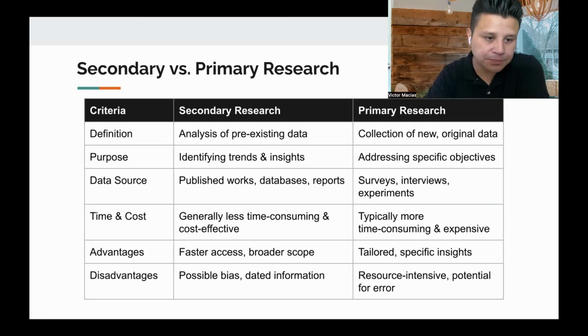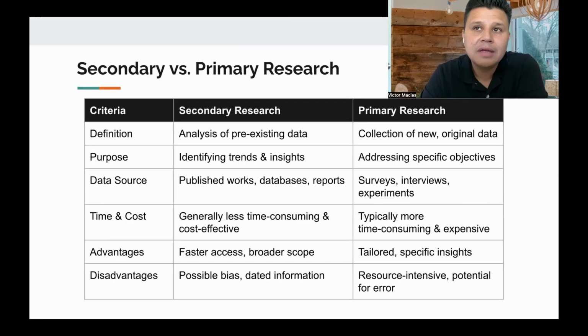So a further breakdown of secondary versus primary research. With secondary, the data exists, right? You can use it to identify trends, insights, get some good big picture analysis. There are reports. There's a lot of free information you can just find online.